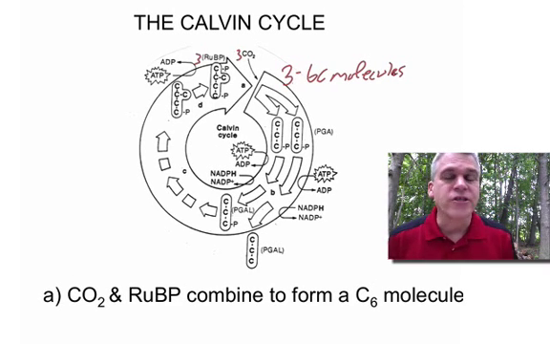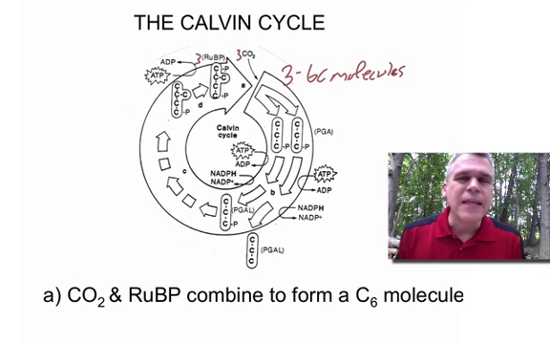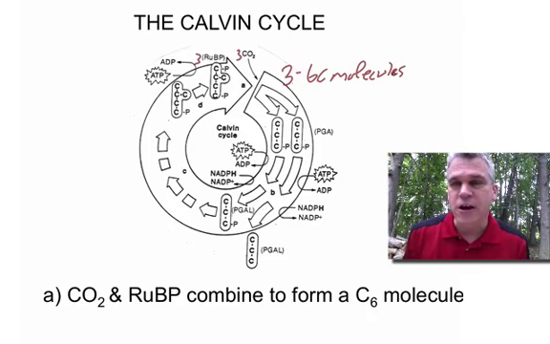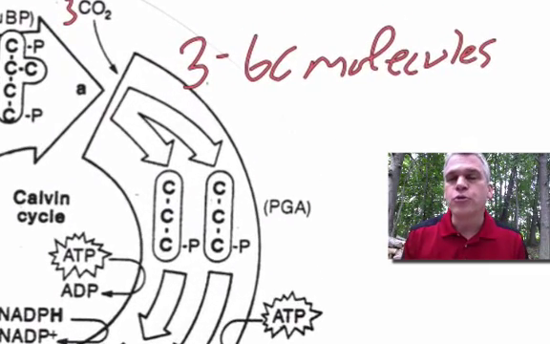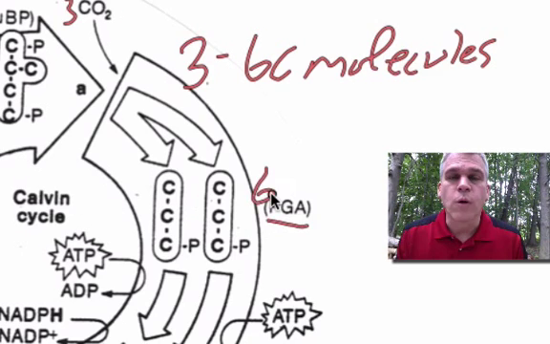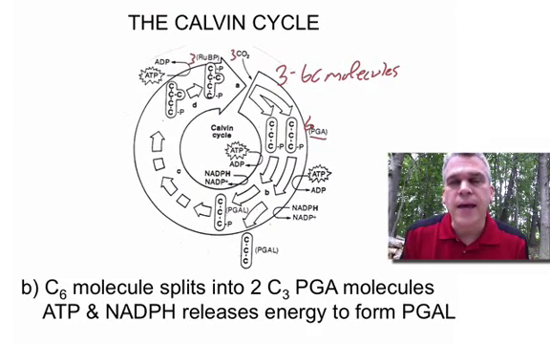This is known as carbon fixation. Now immediately an enzyme is going to come along and break that 6-carbon molecule into 2 PGA molecules. What we really have then are 6 PGA molecules.